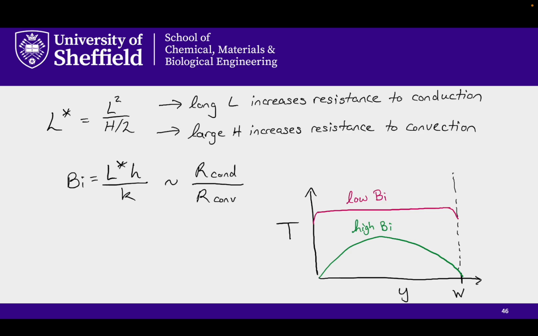And in that case, we need to look a little bit harder at defining a realistic equation. The fact is, most fin scenarios, especially in air, have a low Biot number, and so the fin approximation that we've just derived is a very good assumption.